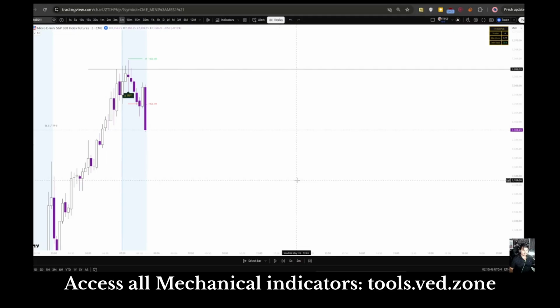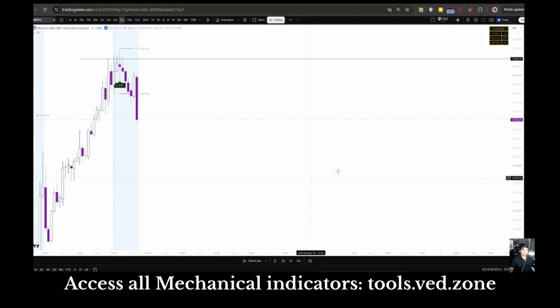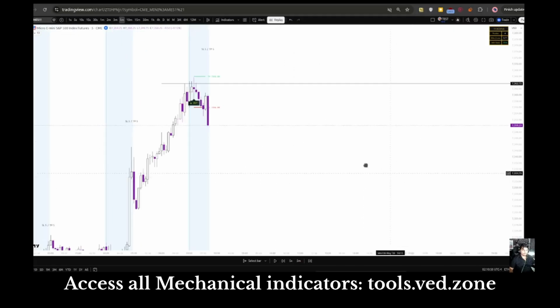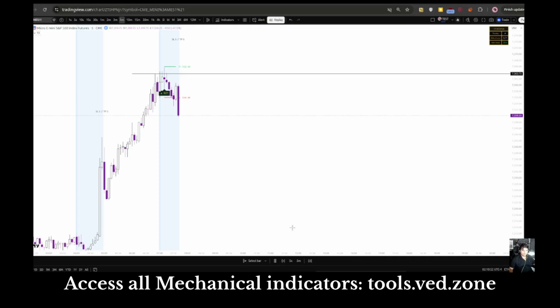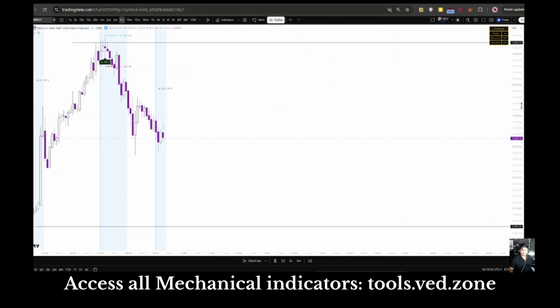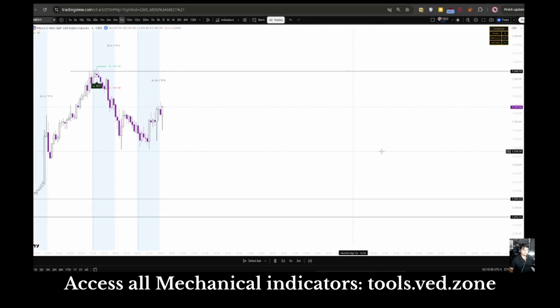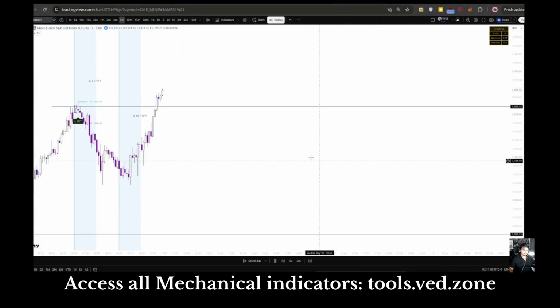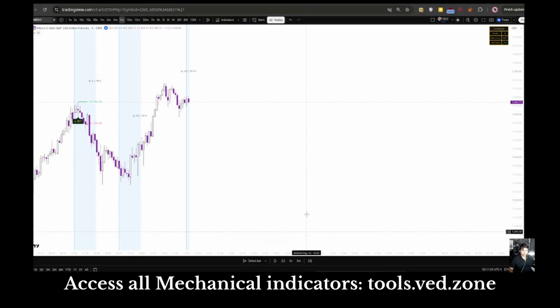Look at that displacement candle. So I expect the market to come even more down actually. And for sure, there you go. Let's wait for another signal now. But before that, let me remove all my drawings.